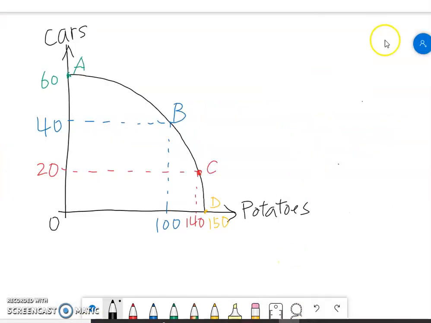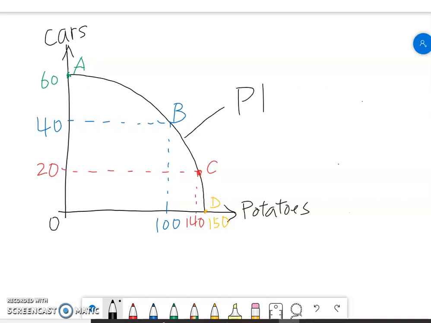Okay. All right, here I already made this PPF graph. Again, with the cars on the vertical axis and potatoes on the horizontal. And we specified 4 combinations between the cars and the potatoes along the PPF. Okay, so here I should label these.